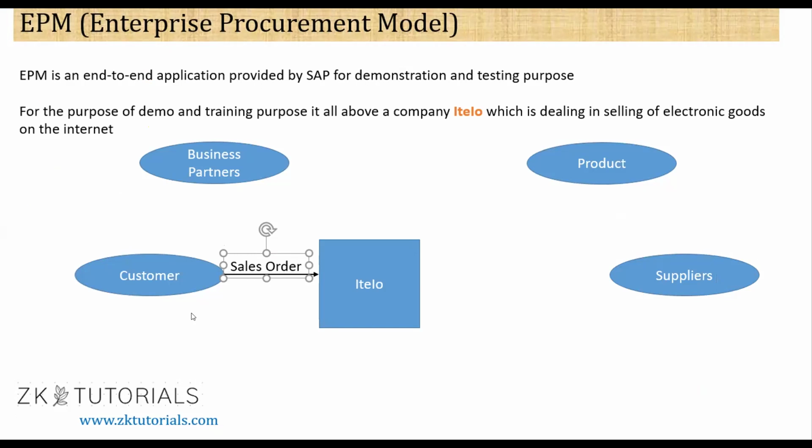This sales order contains something called order items. Any sales order, when you look at it, contains some order items.